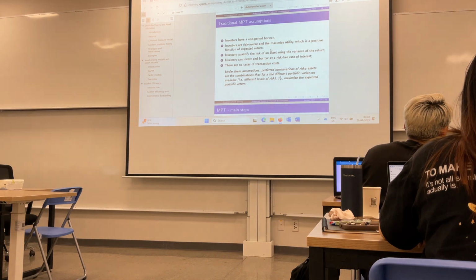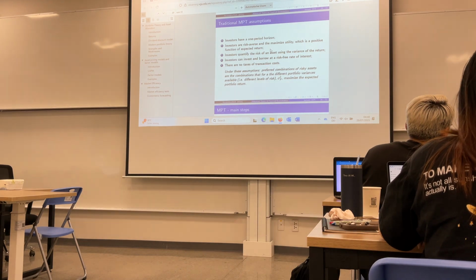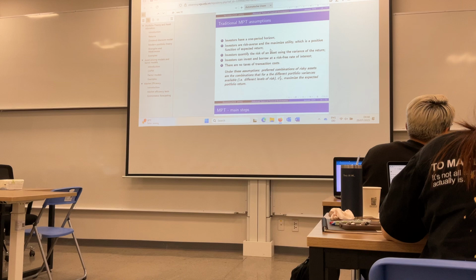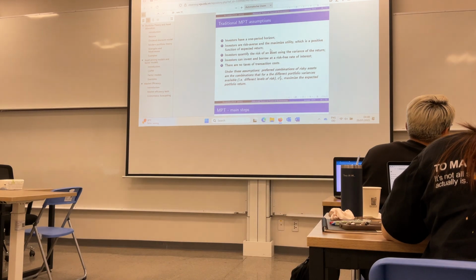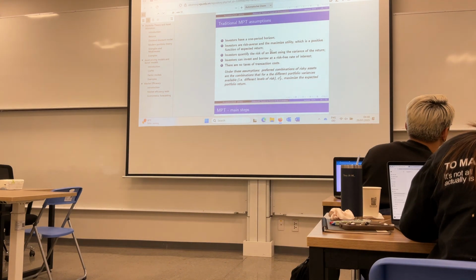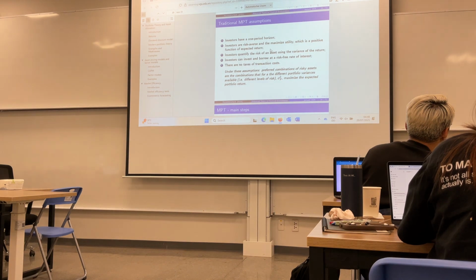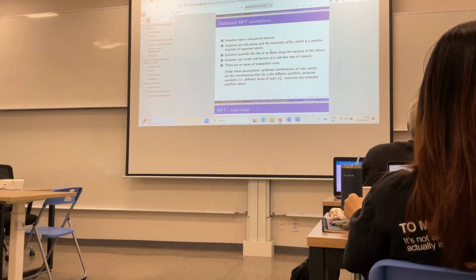This will be z of 1 minus alpha, which generally will be a negative value. And then here you have minus z of 1 minus alpha, or you can directly use z of alpha, times the standard deviation. That gives me the quantile of the distribution of the returns.